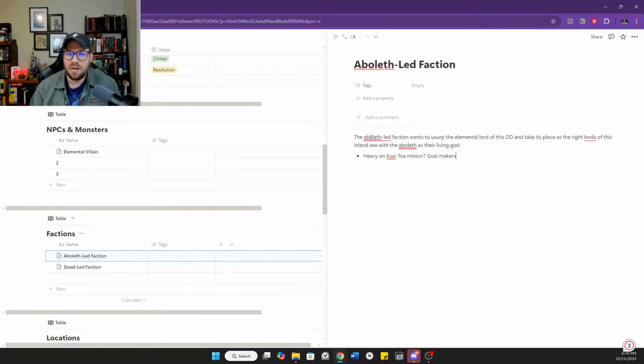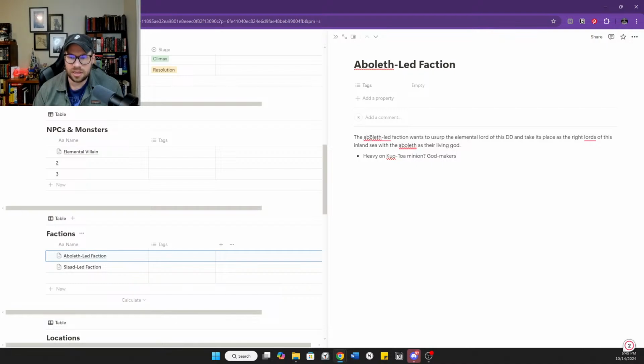Yeah, because I imagine that to be a god, you'd need more than this artifact. They'd need that raw power of belief that comes from the Kuo-toa to ascend beyond just lord and into actual deity.